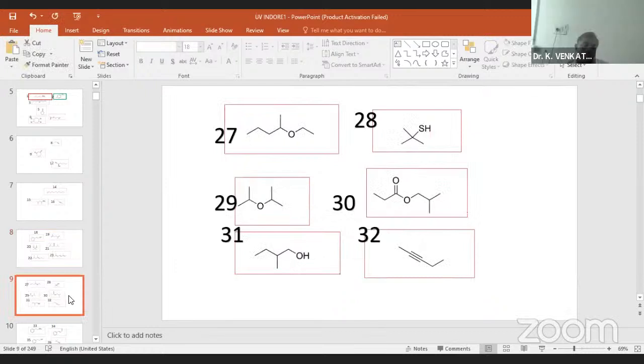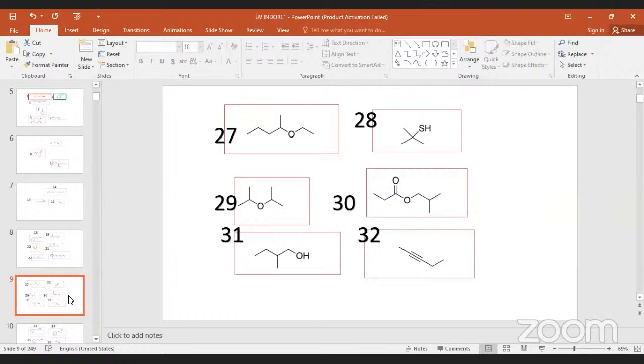So next, here also an ether is present, 27. Already I told you, whenever an ether comes, you cut it into 3 parts. No, madam, you cut 3 parts.